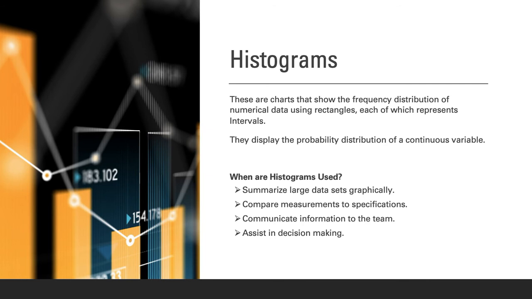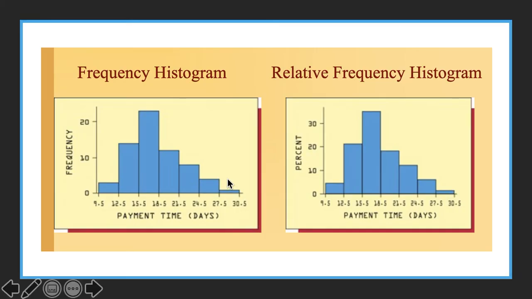Then the count on how many values fall into each interval is shown as bars on the chart, no? Ito 'yon, yung frequency. Kung gaano karami yung count ng bawat item, or ng item for each of the interval na in-indicate natin on the x-axis. So pwede nating sabihin na yung payment time from 9.5 to 12.5 days, it's possibly na below 5, no?